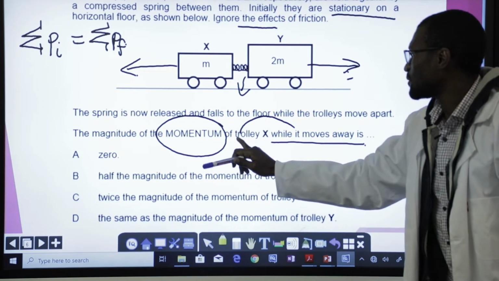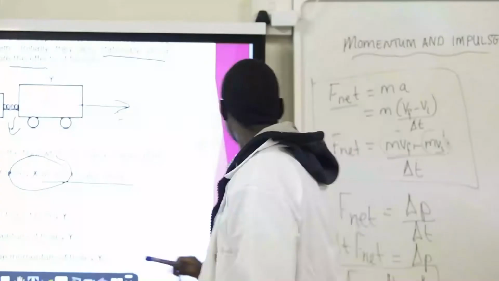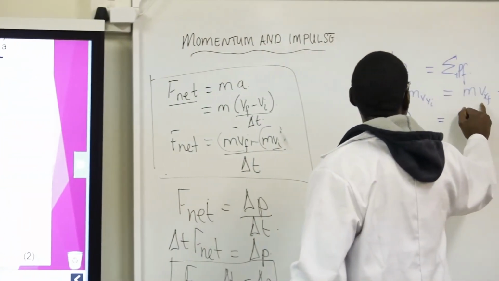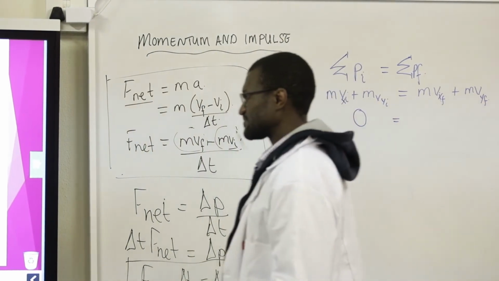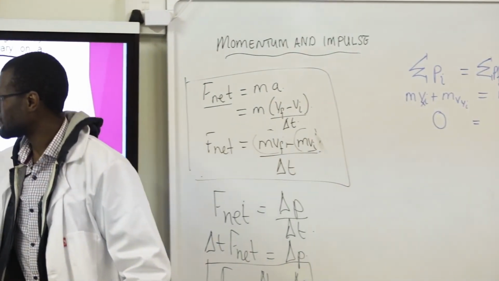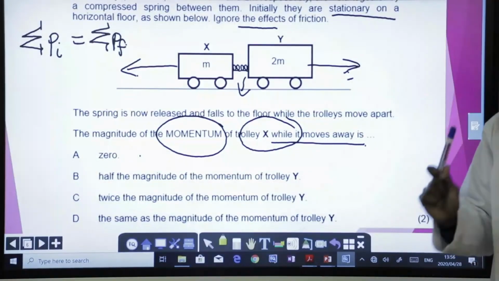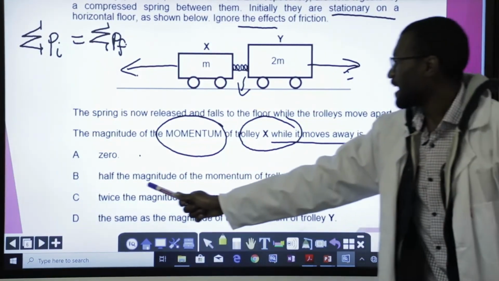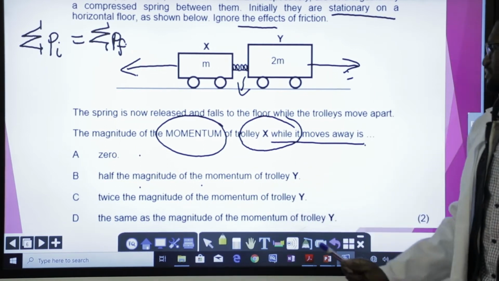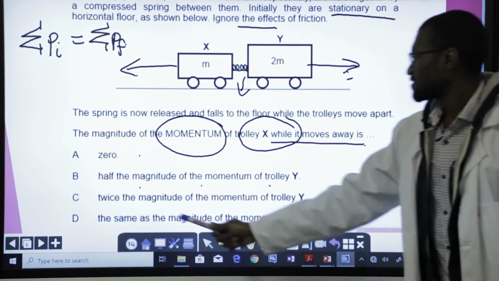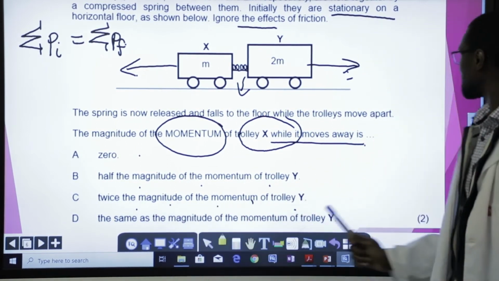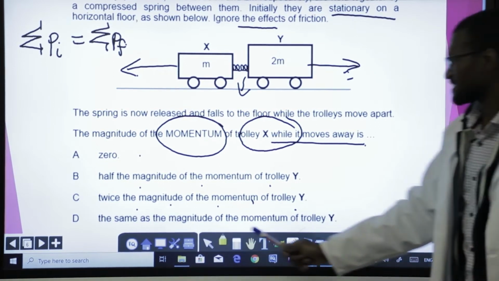should I know about the momentum then of this one and that one? What are my answers? The momentum is 0? No. The sum of the momentum is 0, yes. Half the magnitude of the momentum doesn't sound right. Twice the magnitude of the momentum, it won't work out in this case.